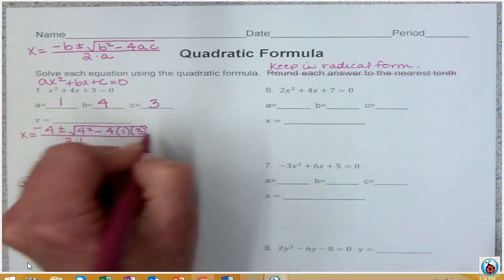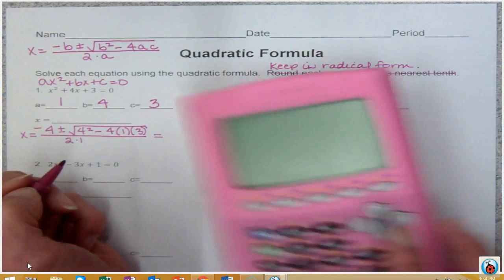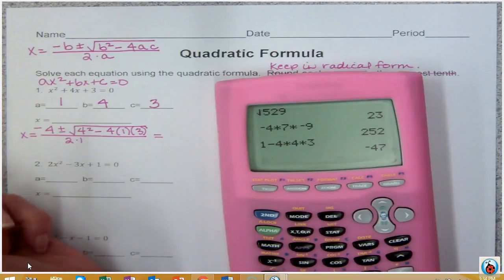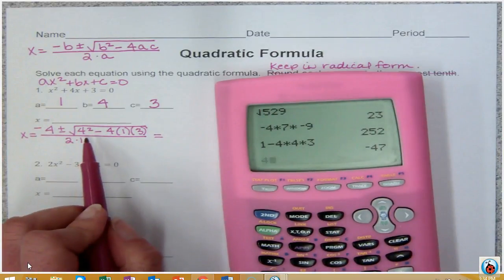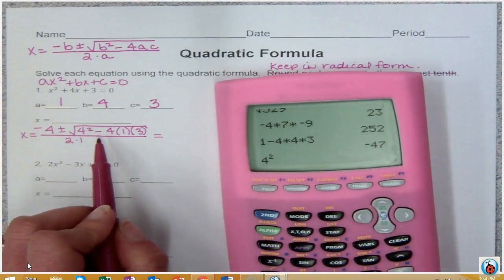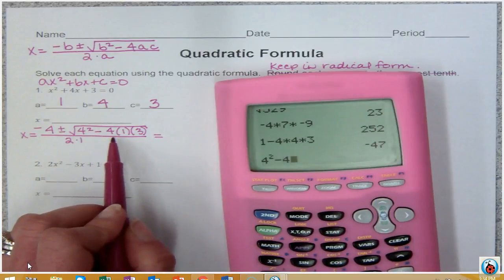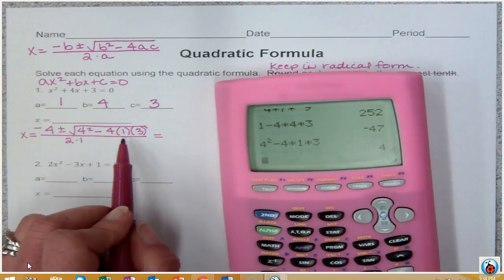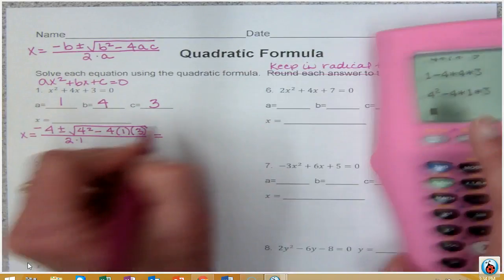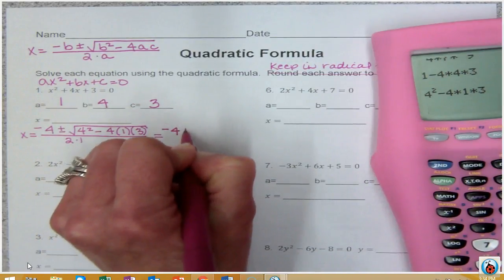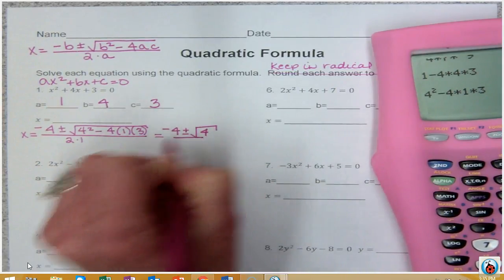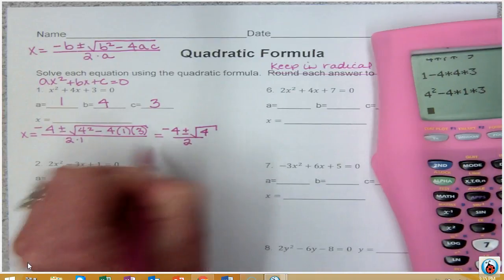Then you basically just plug that in your calculator, and you get 4 squared minus 4 times 1 times 3. So I'm going to get negative 4 plus or minus the square root of 4 all over 2.